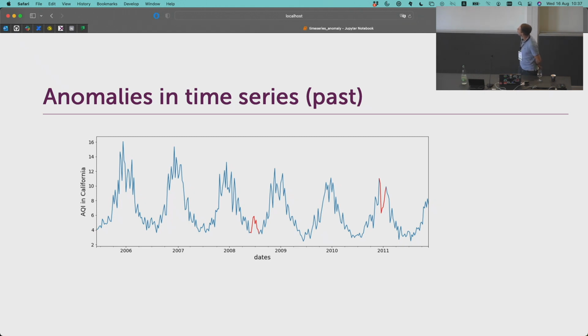So one is summer 2008, where clearly we see a rather unusual spike. So perhaps forest fires happened there or something like this. And another one is a drop in winter 2011, right? And you see typically winters have lower air quality, probably because of heating and all the other things, but perhaps also weather patterns.